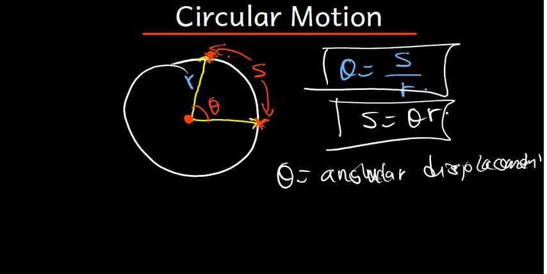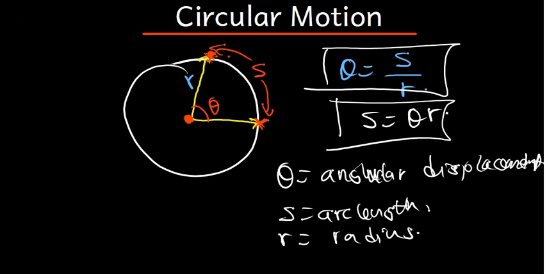This is also very, very important for us to know. Then S is basically the arc length. R is the radius. That is also very, very important. We have to know this.